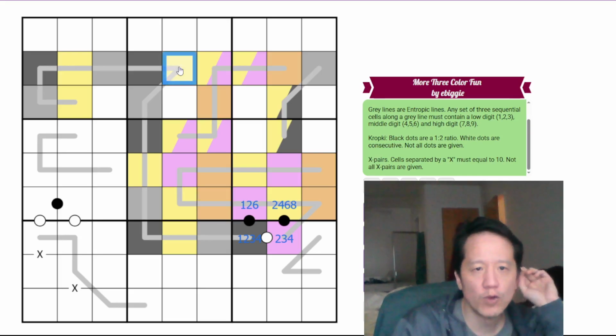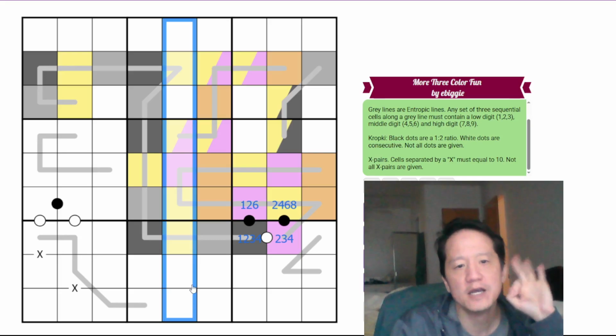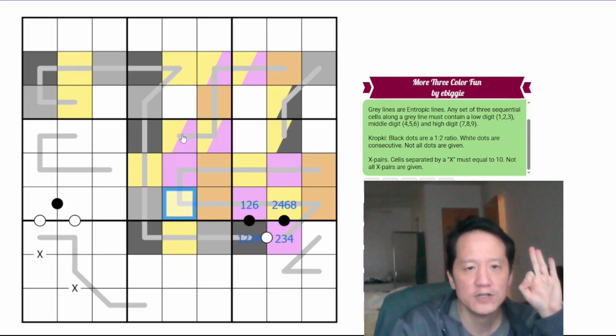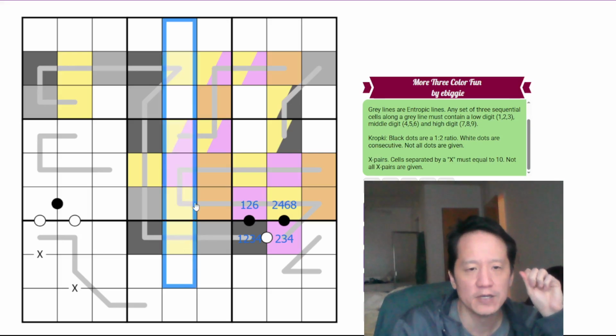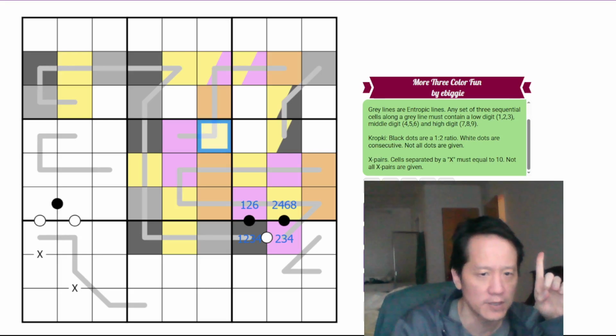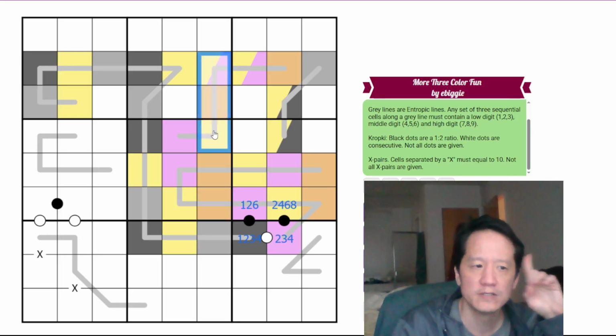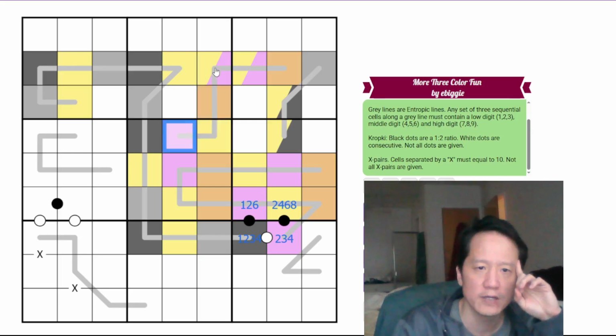Okay, well, in column 5 now, we have 3 yellows that we know of. So the rest of the column cannot be yellow. So this can't be yellow, it must be pink, which forces this not to be pink because that has to be different sets, right? Therefore, in these 3 cells, we lose a pink, so we need to gain a pink back, and therefore this can't be pink, it's a yellow.